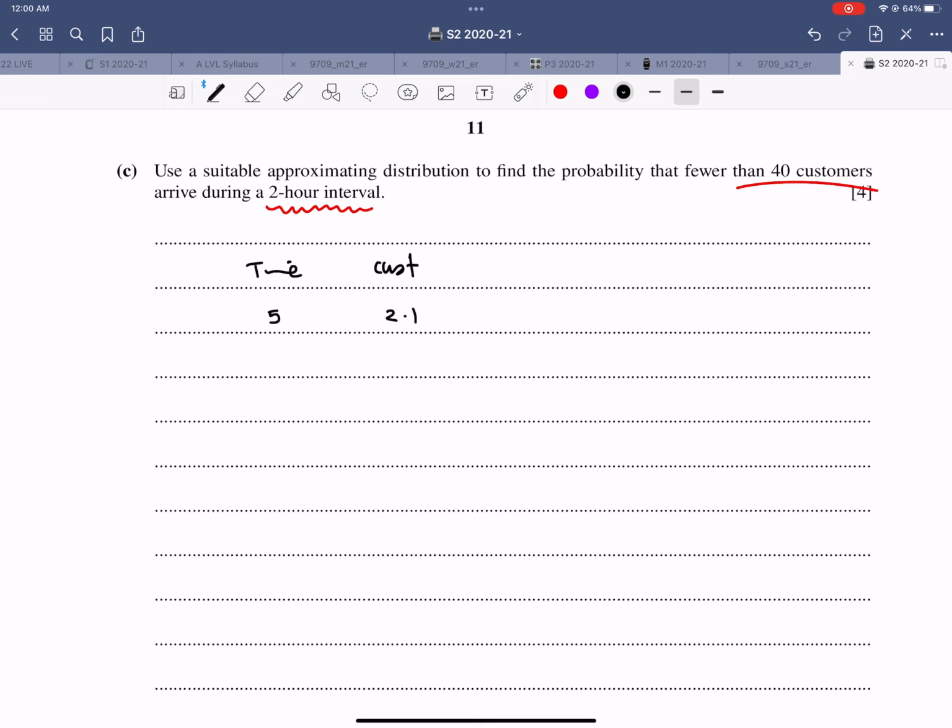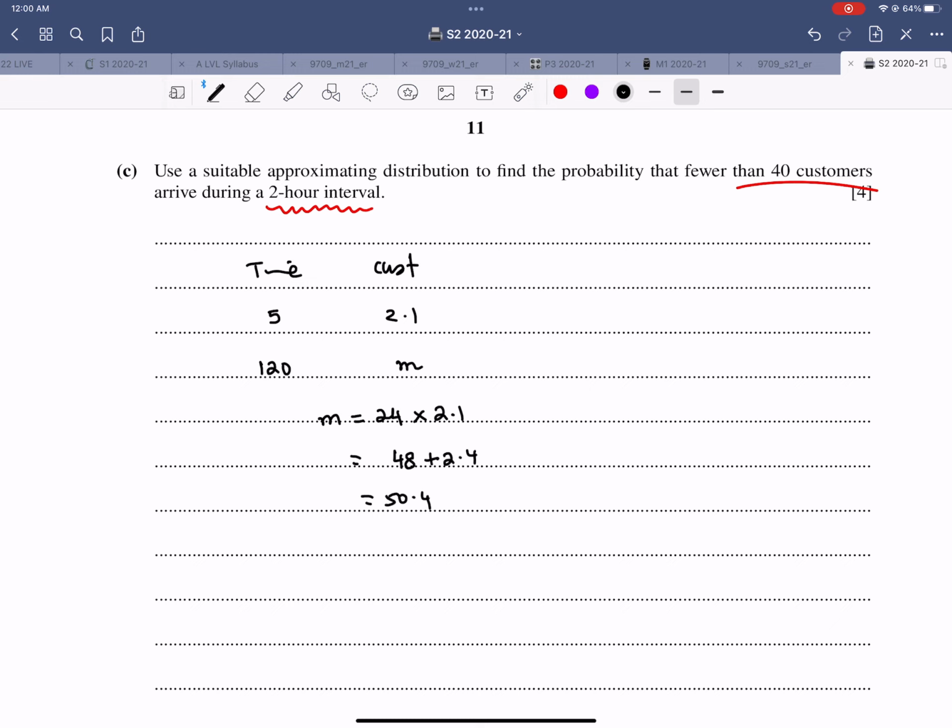So 2 into 60 is 120. And we are dealing with a value, let's call it M. So 120 over 5 is 24. So basically M is 24 into 2.1. That is 48 and 2.4. That comes out to be 50.4. So if I'm not mistaken, this is the correct value.